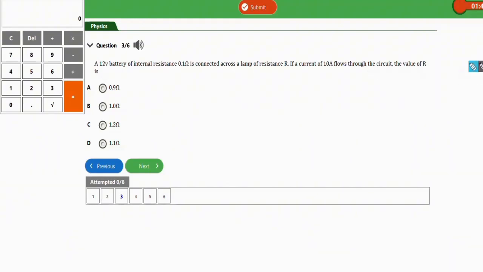Now basically when you are dealing with internal resistance and voltage, the voltage here is the EMF, electromotive force. So this is the formula we're going to apply: E equals current times the resistance plus internal resistance.